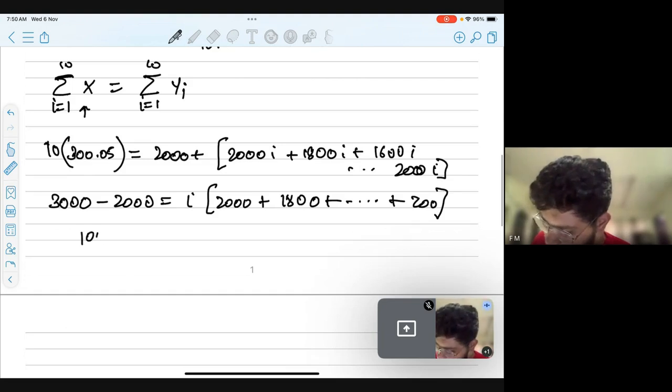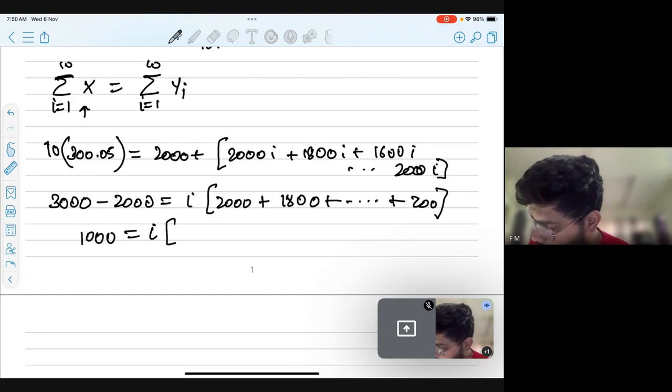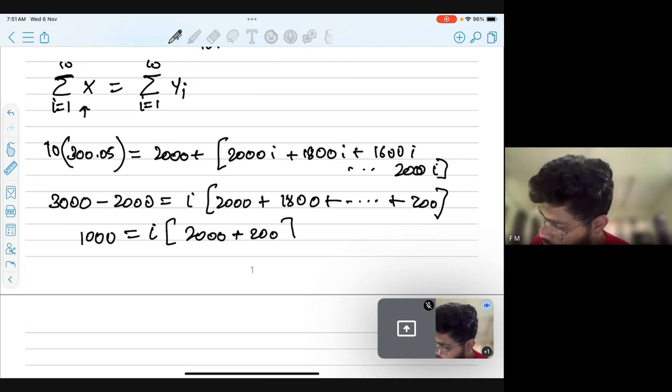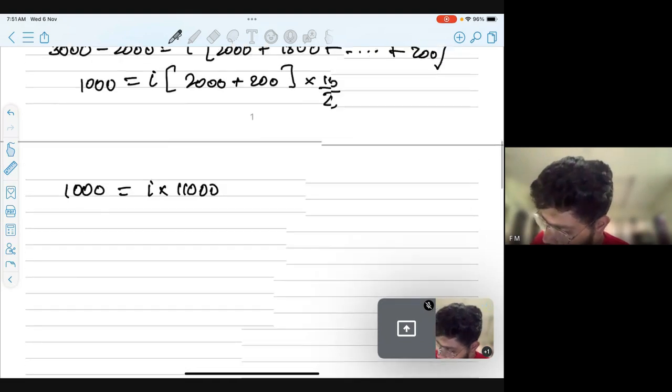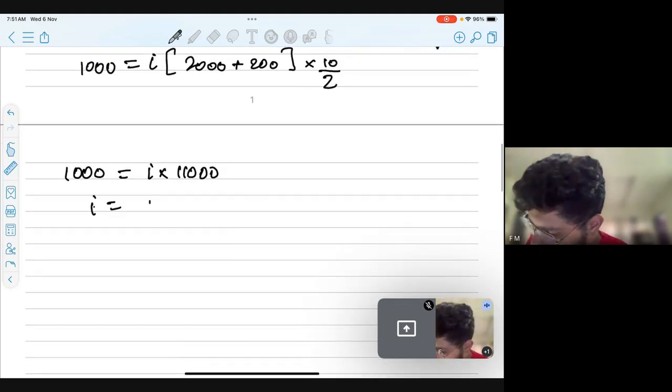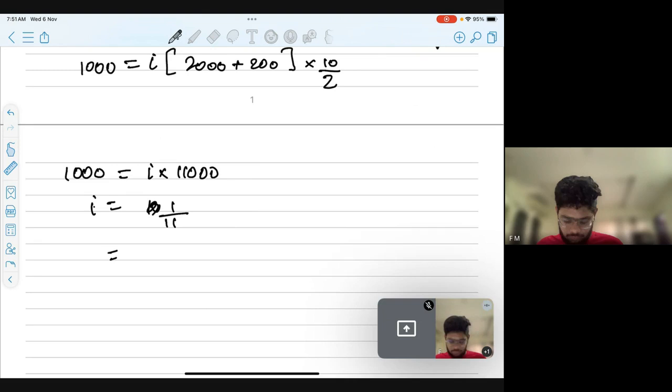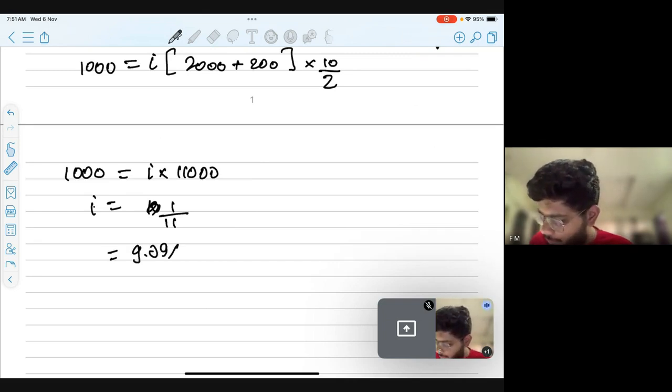So 1000 is equal to i times this plus this, divided by 2, into 10, which is 1100. So i is equal to 1 by 11, that is 9.099%.